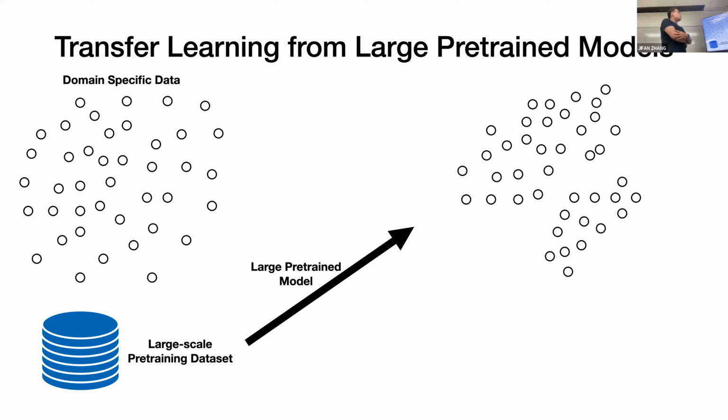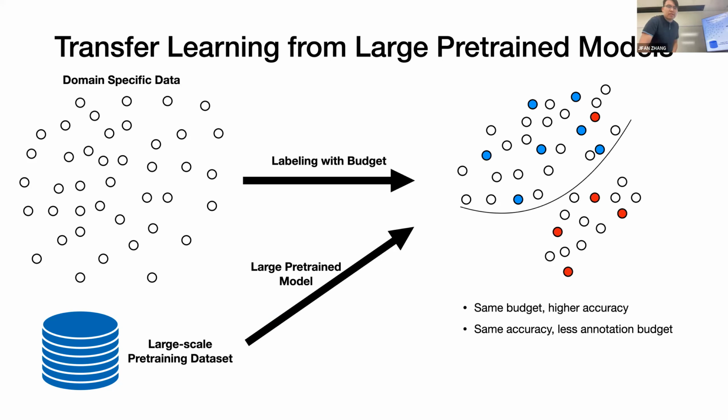When you do transfer learning to adapt to this specific domain, this pre-trained model is going to rearrange the data inherently for you so that they look more separated. They look more clustered together by the right concept. The representation is clearer in the high dimensional space. And then you can label in that space under a budget.